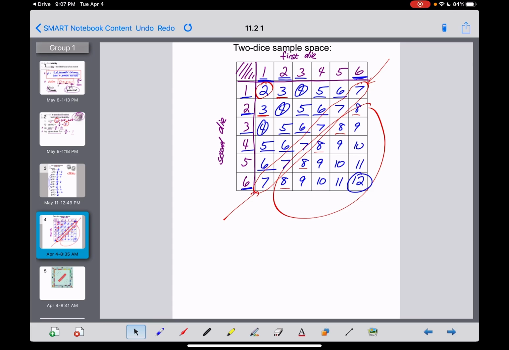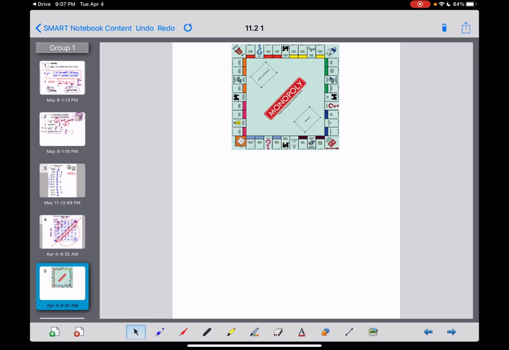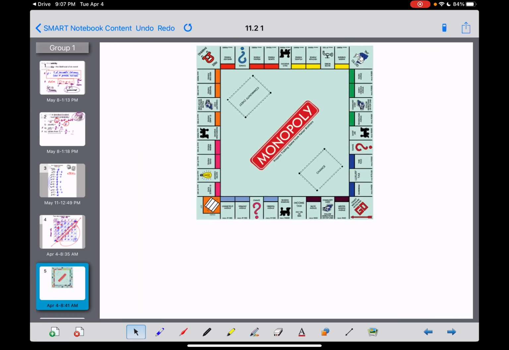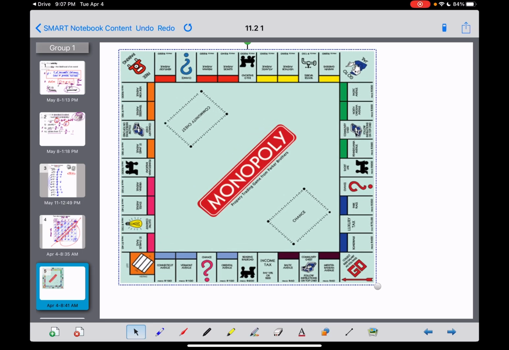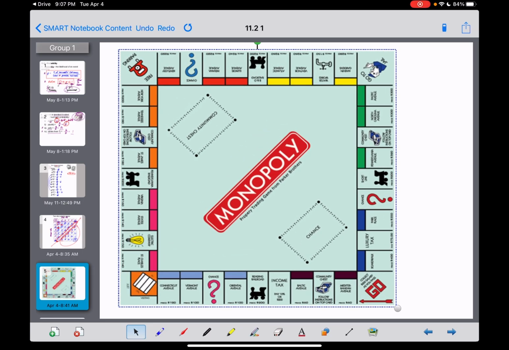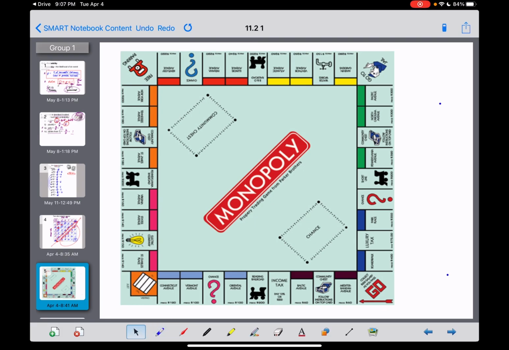And where is that useful? Pretty much everybody that's spent any time playing games, and a lot of different kinds of games, knows the significance of some of these facts. Monopoly is my favorite, and the probability of dice rolling happens all over the place in Monopoly.